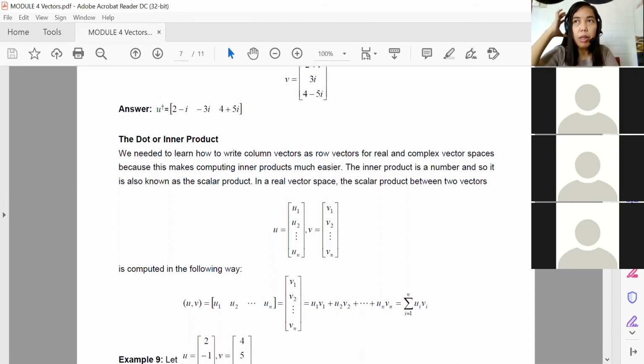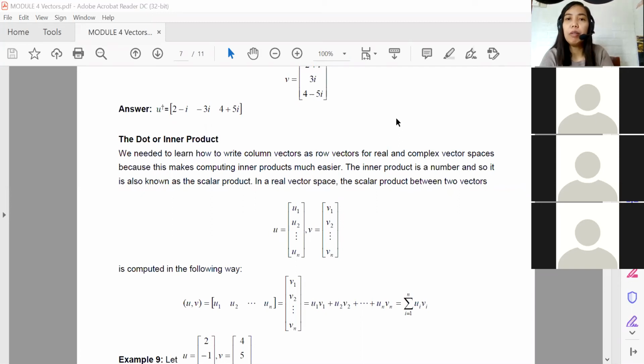Na-encounter nyo na to sa matrices class, tong dot or inner product. When we multiply row matrix by column matrix, okay, the answer is a real number. Dito maraming nagkamali sa exam. Kasi meron ako doon nilagay naka-matrix. Ang size ng matrix ay 1 by 1.